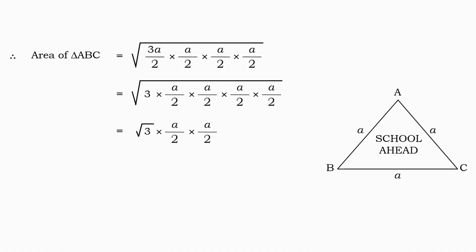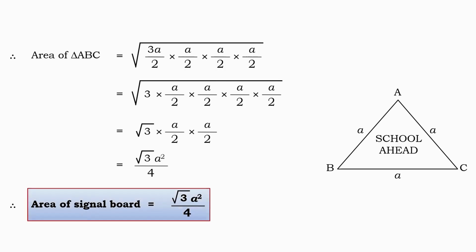When it comes out, it will become a by 2. And then we also have a by 2 into a by 2, another pair. So when it comes out from the square root, it will become a by 2. So what we are getting is root 3 a square by 4. That is the area of the triangle ABC. So the area of the signal board is equal to root 3 a square by 4.